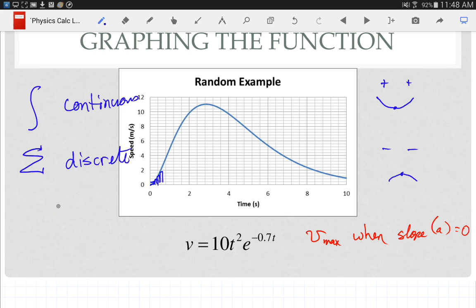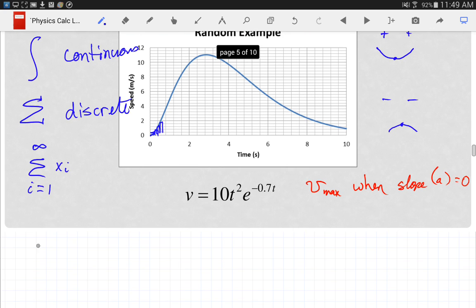When you do a discrete sum, you do something like the sum for i equals 1 to infinity of x sub i. That's how you write it out. If you're going to do a summation for a continuous thing, you write it as the sum of your function, which is the value on the vertical axis, times the width on the horizontal axis.